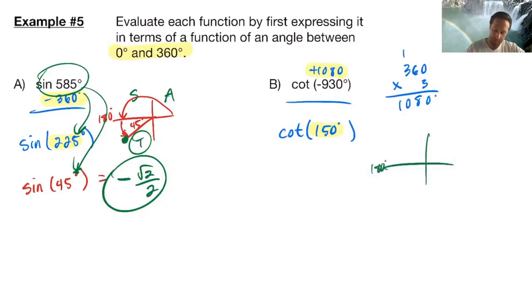And I know that is 30 degrees less than 180. But remember, we also know that since it's cotangent, the reciprocal of tangent, it is going to be a negative answer.